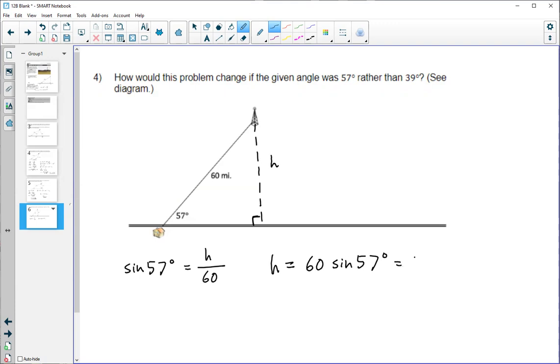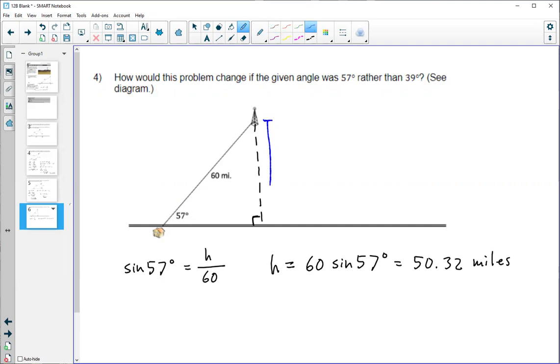We get a number pretty close to 50.32, and that's in miles. But remember, the signal from the tower only reaches 45 miles.